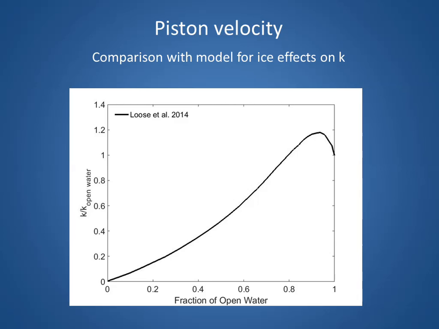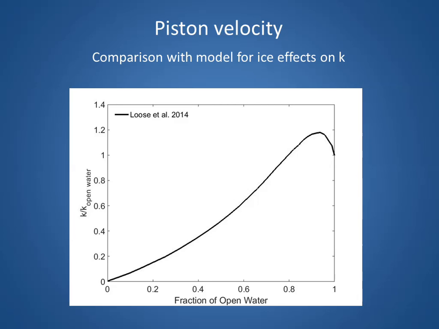So on the right side you've got 100% open water and K over K open water of 1. Then as you move to the left, you go to 90% open water, 10% ice. They would predict just a little bit of increase in gas exchange, due to form drag from the ice floes in the water, and then they see a decrease from there.